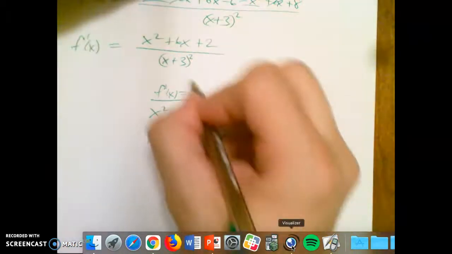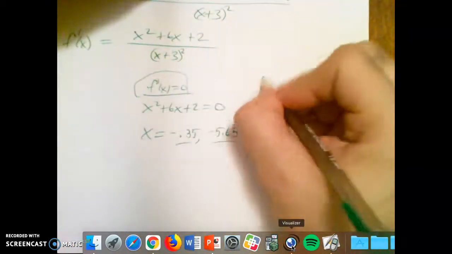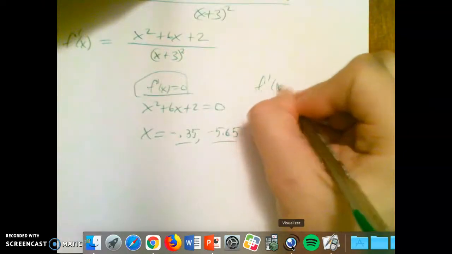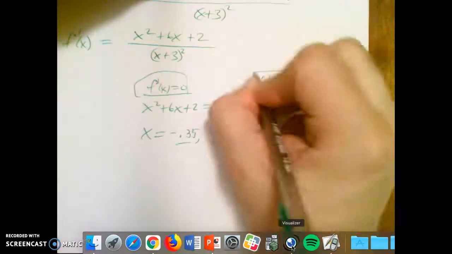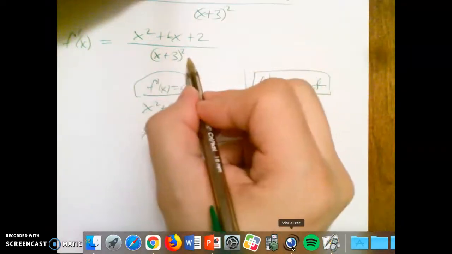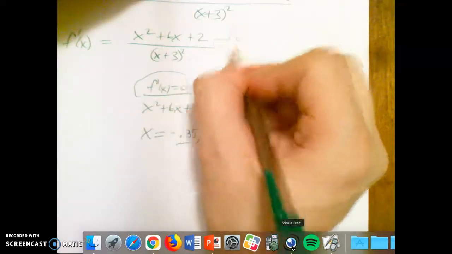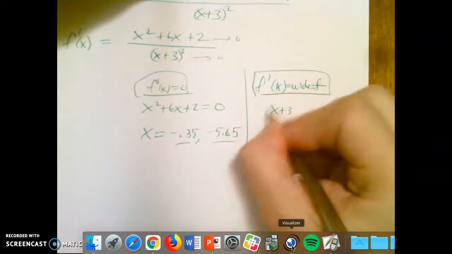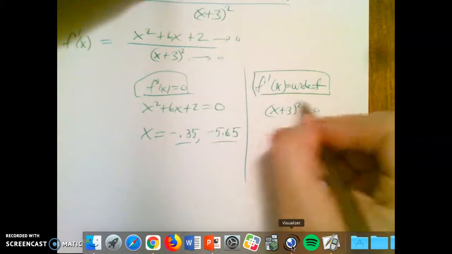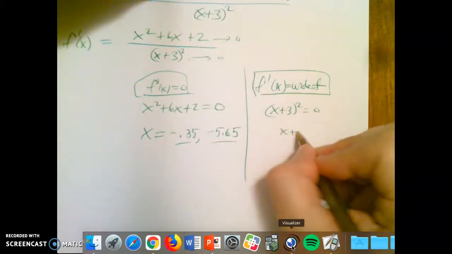But I also want to find out not just when is the derivative 0, but when is the derivative undefined. And that would be when the bottom equals 0. So you set this one to 0 for undefined, which is a lot easier to solve because you can square root both sides.